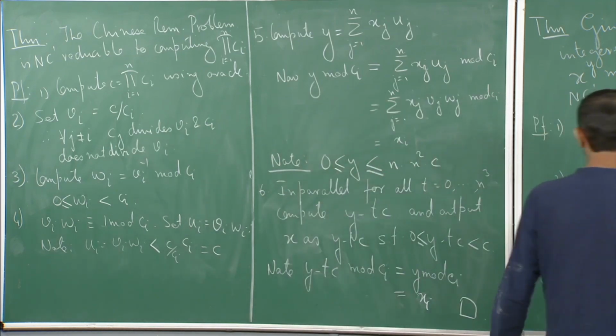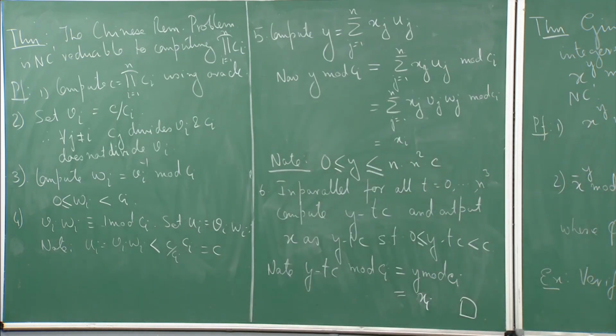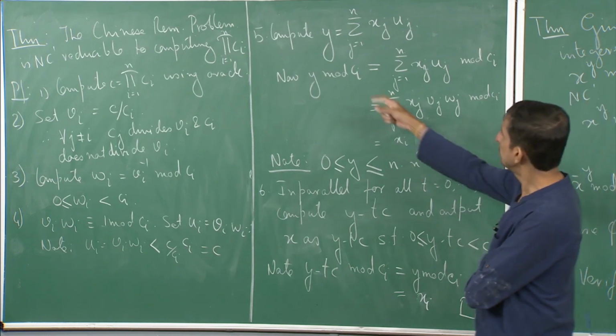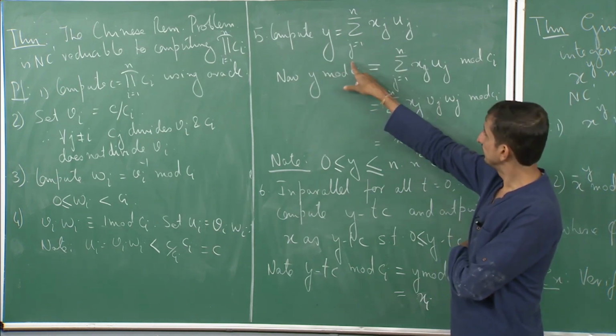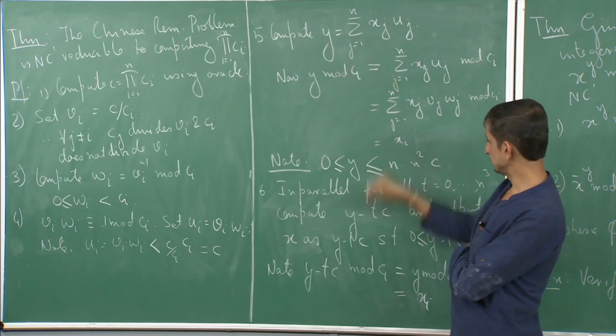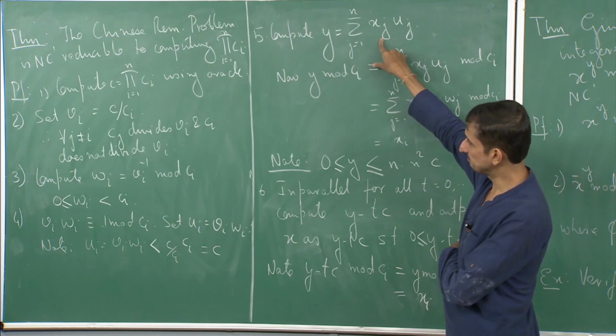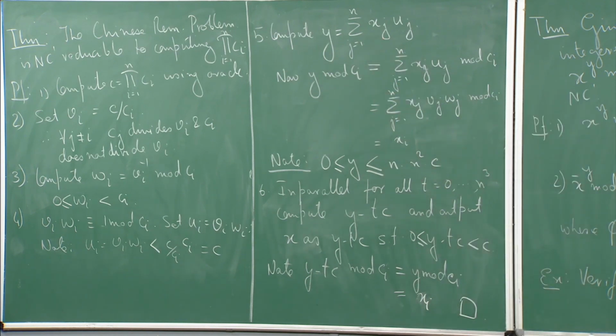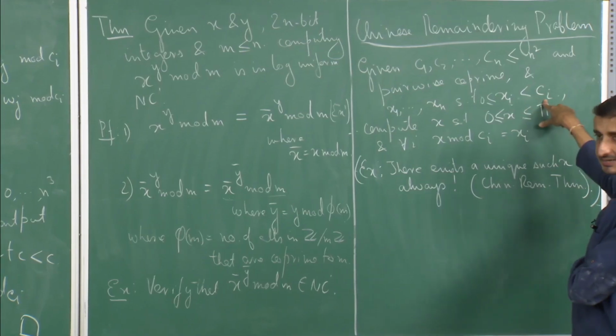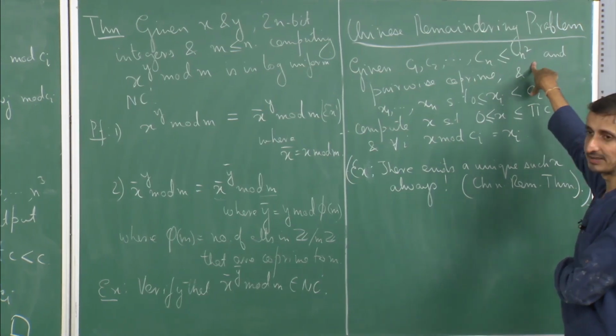Okay, so which one? Why is the upper bound n cube? So this is my y. There are n terms, so I have an n over here. Each xj is bounded by cj, and each cj is bounded by n square.